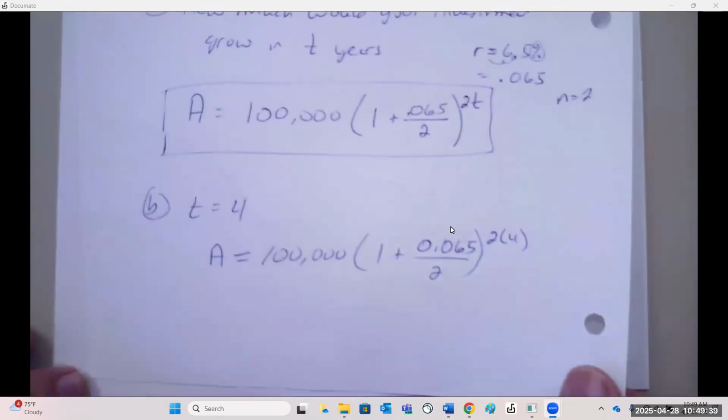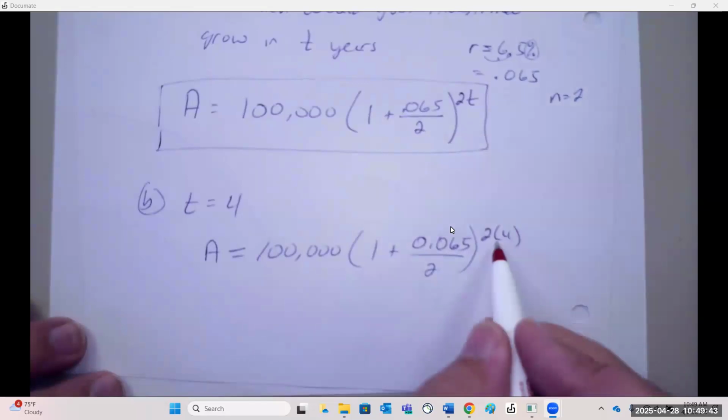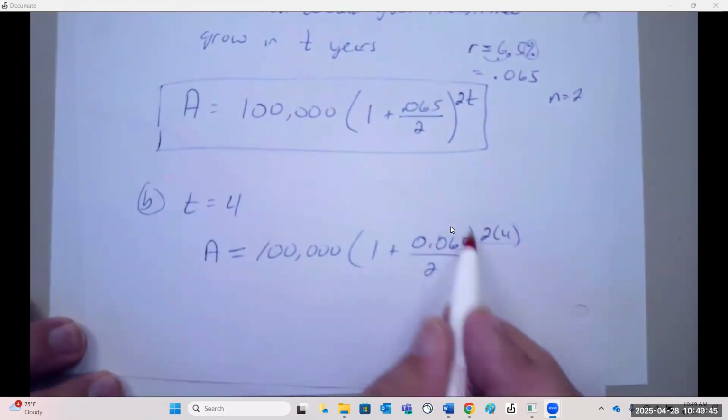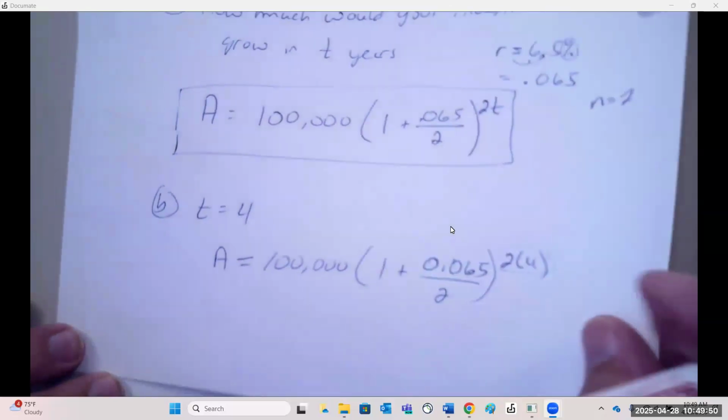That's all it's asking you to do there. You'd first do 2 times 4 is 8, work inside the parentheses, to the power 8, times 100,000. And that's how much your note is worth now.